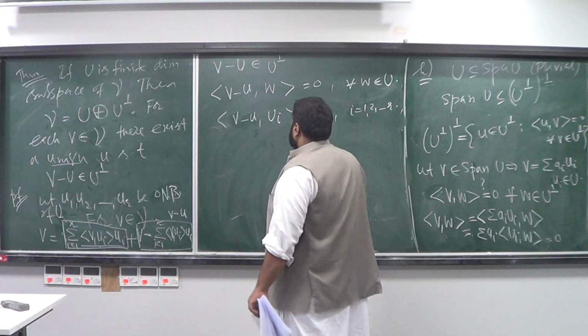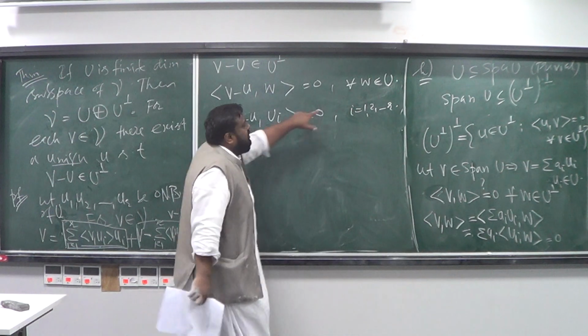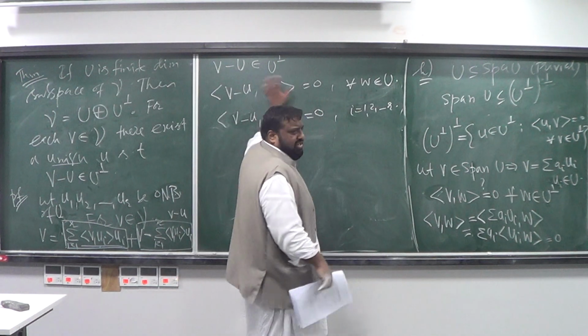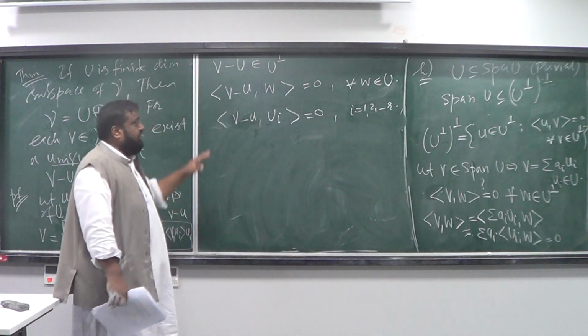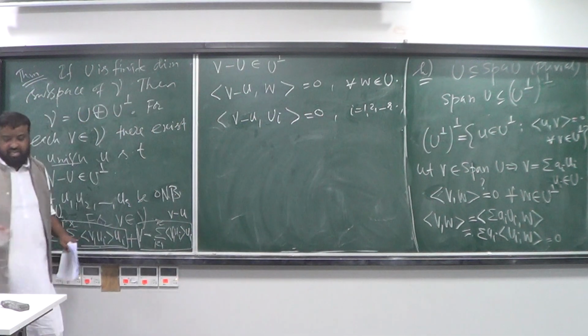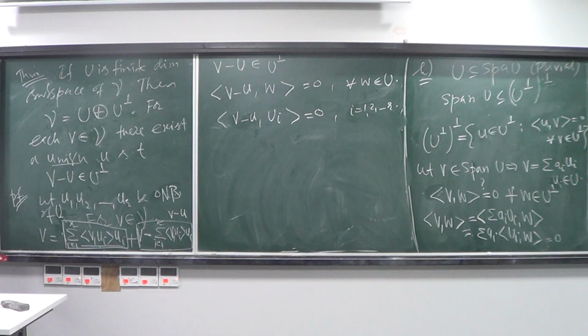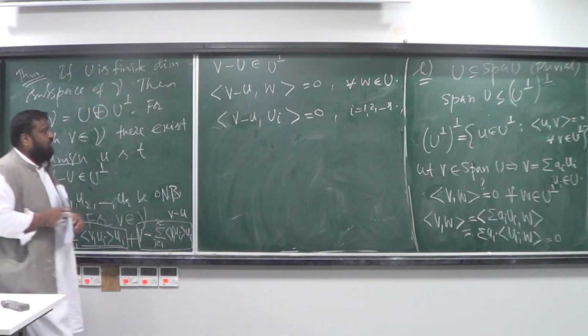If V minus U is orthogonal to the basis of U, it will be orthogonal to all linear combinations as well, so it will be orthogonal to an arbitrary element of U. So what should I do?